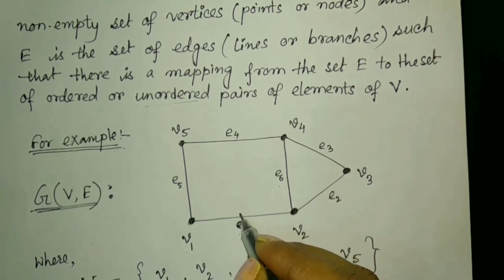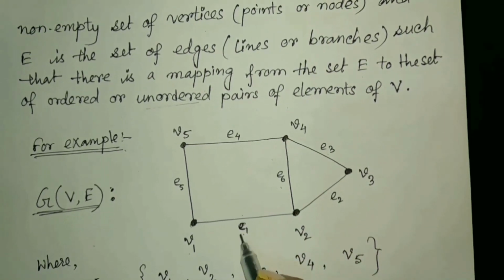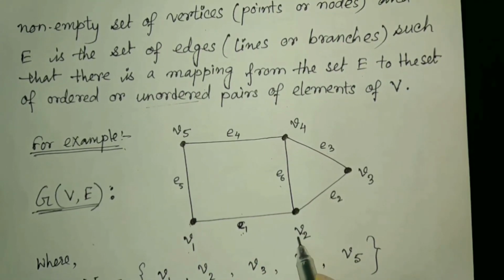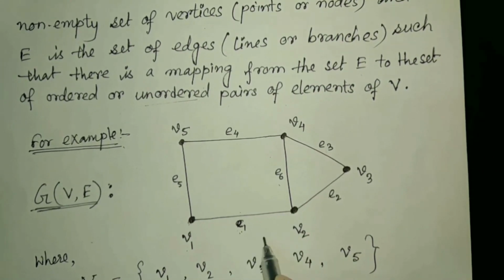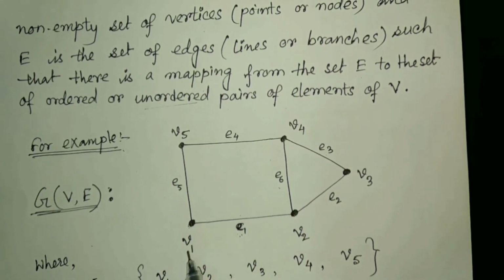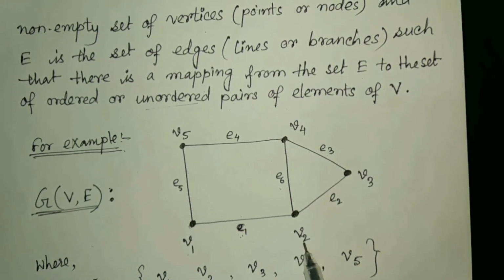If there is no particular direction, then it is called an undirected graph. For E1, we can say it is connected with V1, V2. Again, we can say E1 is connected with V2, V1. So it doesn't matter whether V1 comes first or V2 comes first. This is called the unordered pairs.